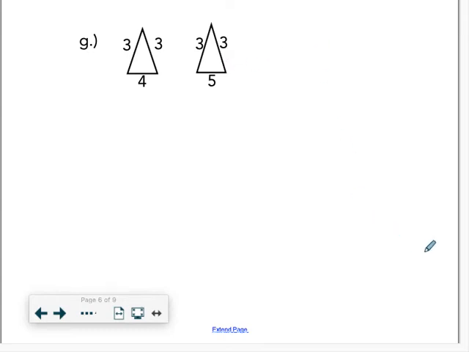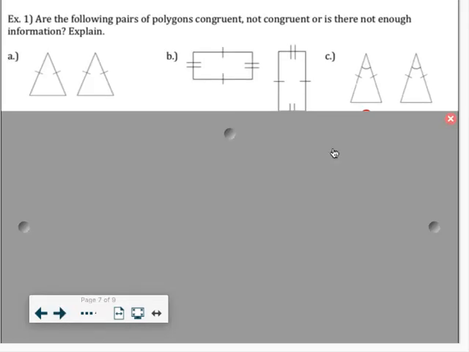Take a couple minutes and try A through G. I want you to write congruent, not congruent, or NEI, and explain. Based on all the tick marks and the shortcuts we just had, I want you to decide if you have enough information to say what they are.